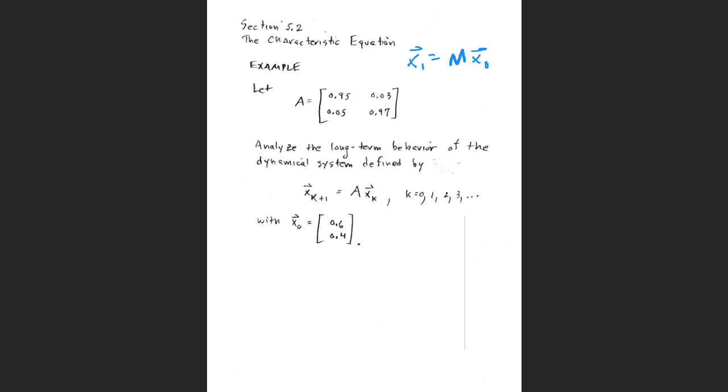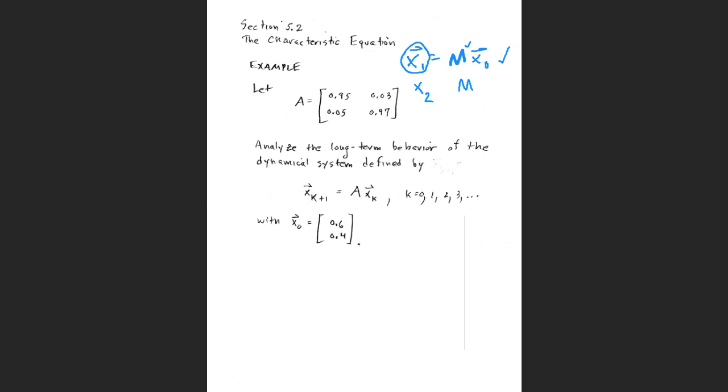I'm sorry. The population distribution after 1 year was represented by the vector x1, and we found that by taking the initial population distribution x sub 0, that vector of probabilities or percentages, and multiplying it by the migration matrix.